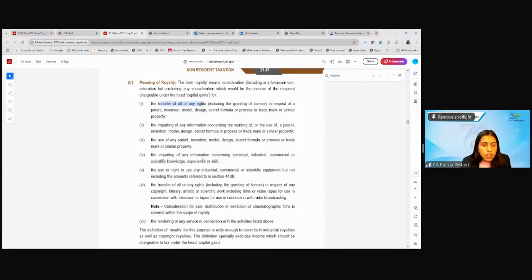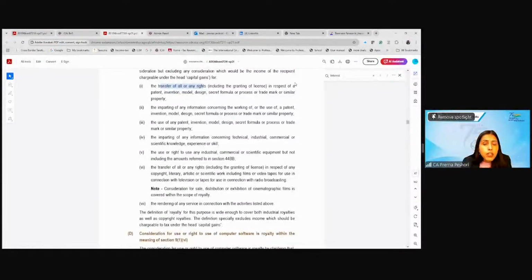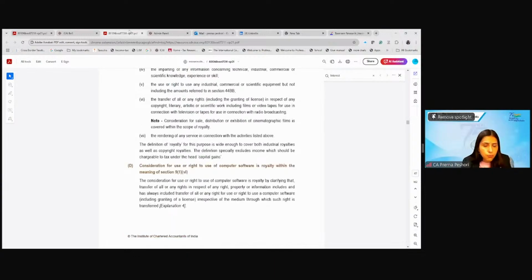However, if you look at it, the Act introduced another explanation for it. It says, consideration for use or right to use of a computer software is royalty. So the Act has said that even if you are just using the computer software, you are not getting any right to alter the code, and you are not getting any right to sell the software further by making any changes in it, still it would be royalty.